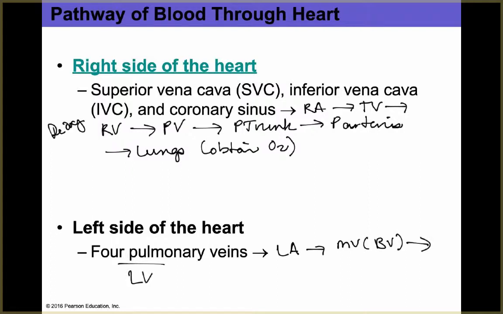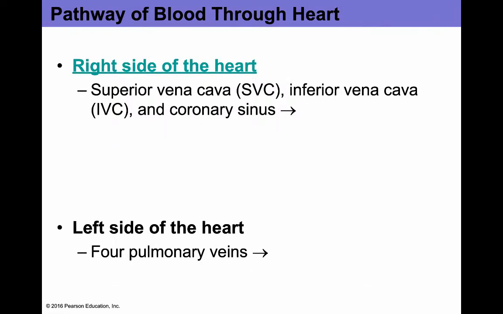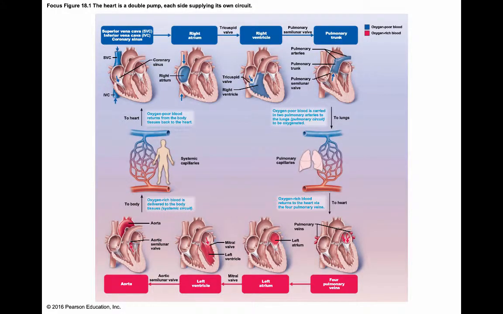Here, it's going to enter into the left ventricle, then go to the aortic valve, and then systemic circulation, out of the aorta. And so that's basically the pathway of the blood through the heart.